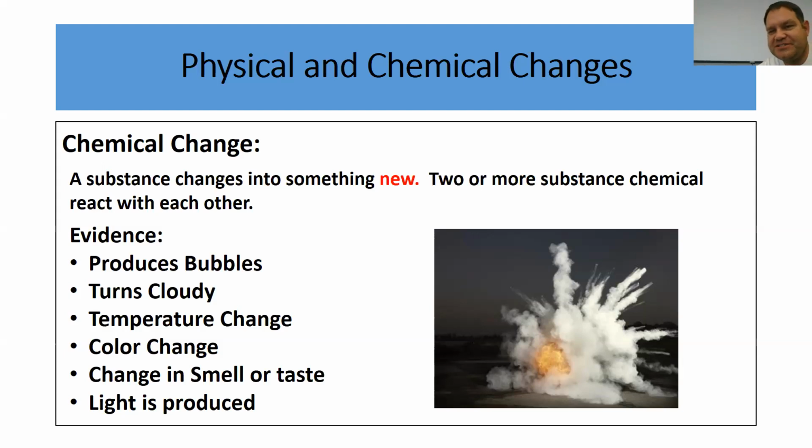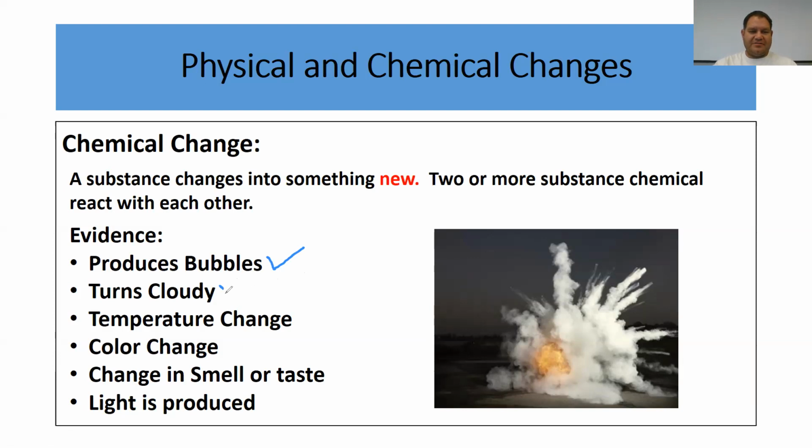Where physical changes, we don't have reactions that occur. So what is some evidence that a chemical change has occurred? Well, typically we would see possibilities of bubbles forming, which would indicate that a gas is being formed.